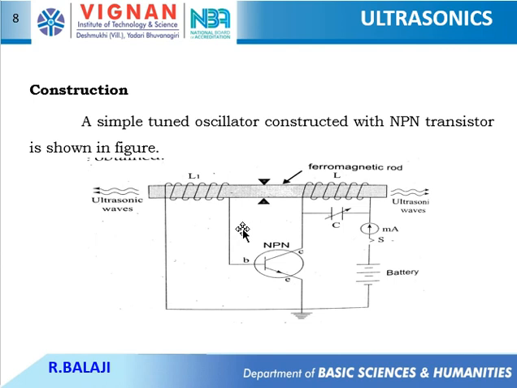The base emitter junction is connected to another inductor coil L1 and the rod is placed inside the inductor coils. The rod vibrates along the x-axis as well as y-axis. To prevent the vibrations along the y-axis, the rod is clamped at the middle.